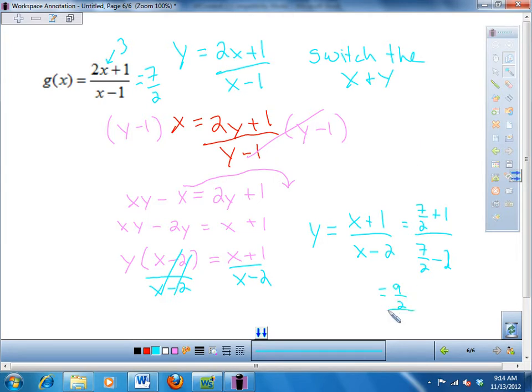And on the bottom, I have 7 over 2 minus 4 over 2, which is 3 over 2. And then if I flip and multiply, I get 9 over 3, which is 3. So this is indeed the inverse of this.